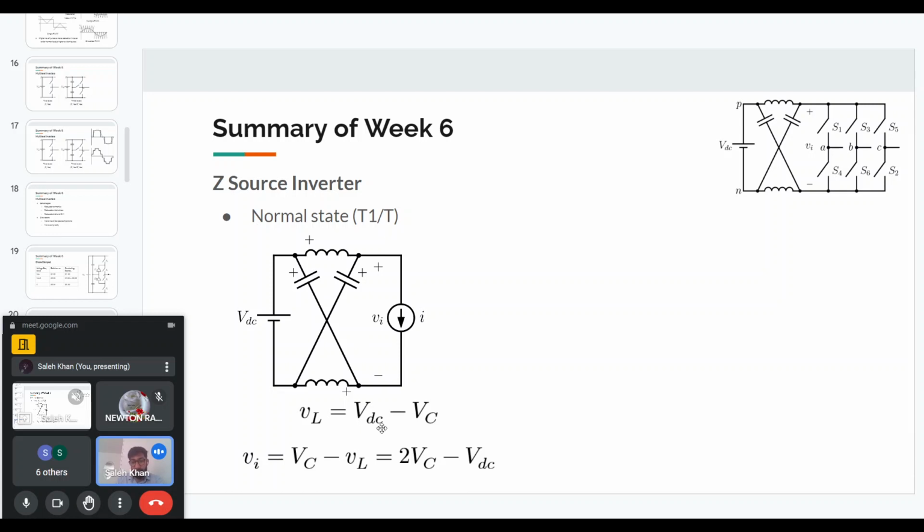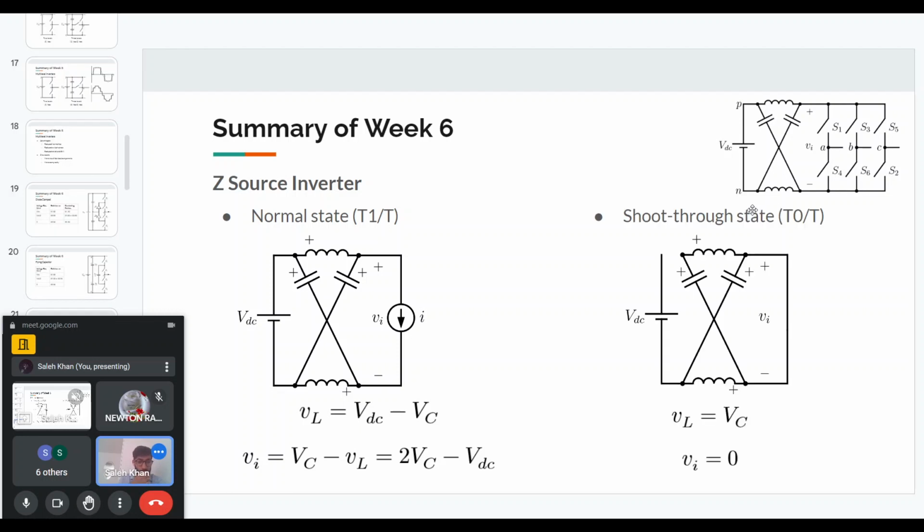So in this state, these are the inductor voltages and the input voltages to the three half phase legs. In the shoot through state, the Vi voltage is 0 because we are shorting using the phase legs, and the current will just flow between the impedance network through the shorted leg. So it will not flow through the source.